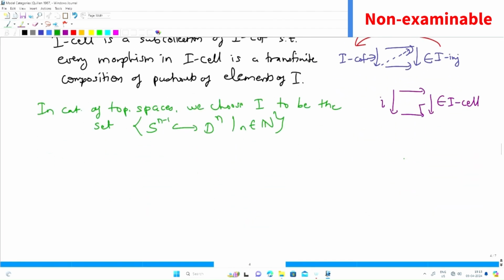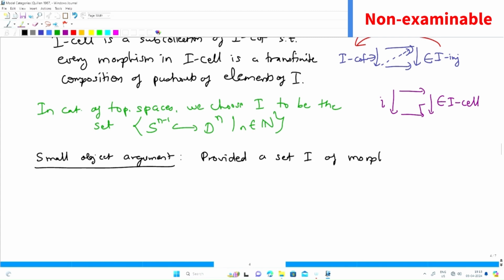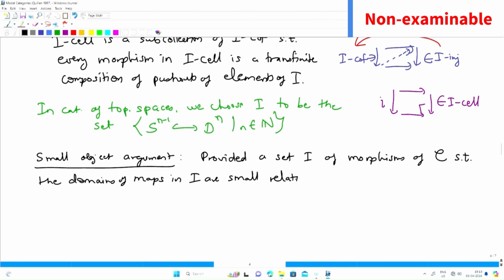Okay, so just let me say what this last thing is. The small object argument I will state and then we will end. The small object argument theorem says that, provided a set I of morphisms of C such that some technical condition is satisfied, the domains of maps in I are small relative to I-cell.